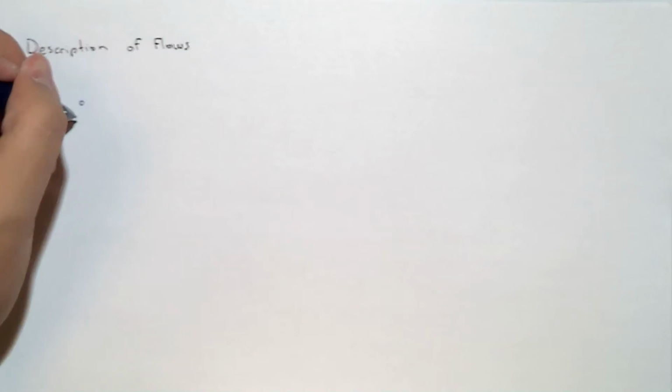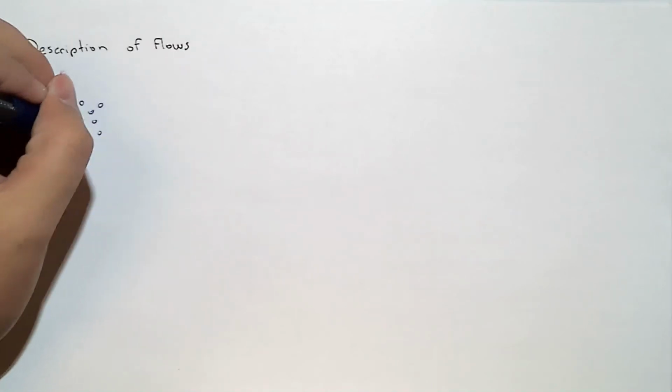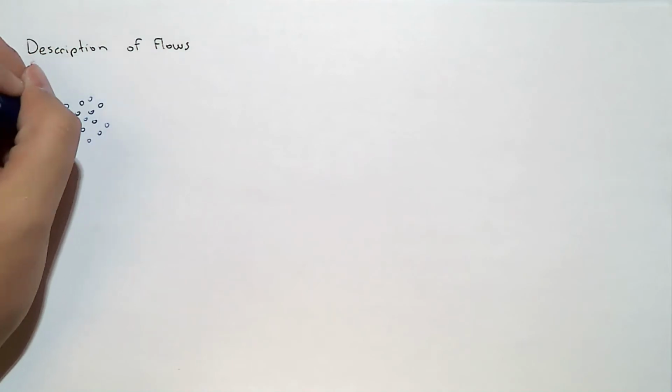So if we define the smallest element of a fluid as a particle, then I can define my flow field as a group of particles that I am interested in studying. So I can look at my fluids as if they were collections of different particles.